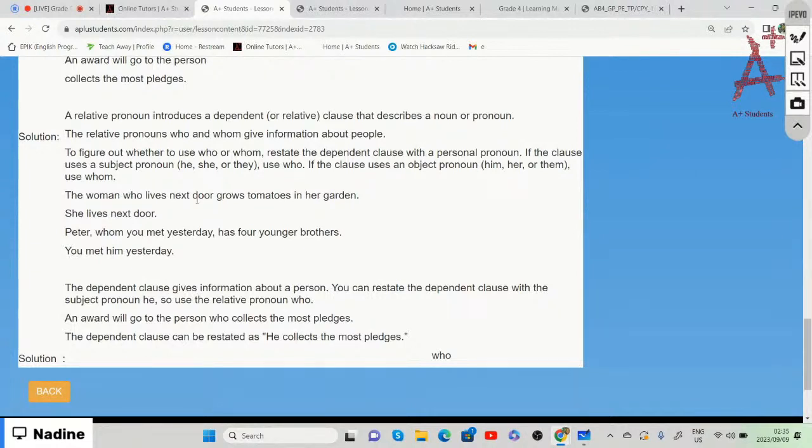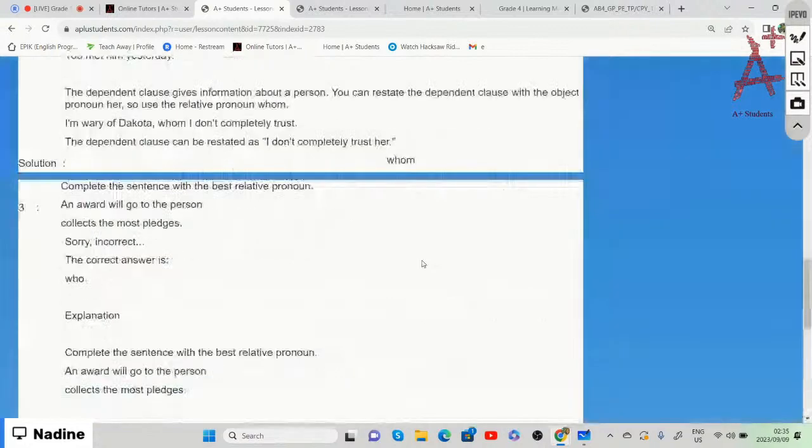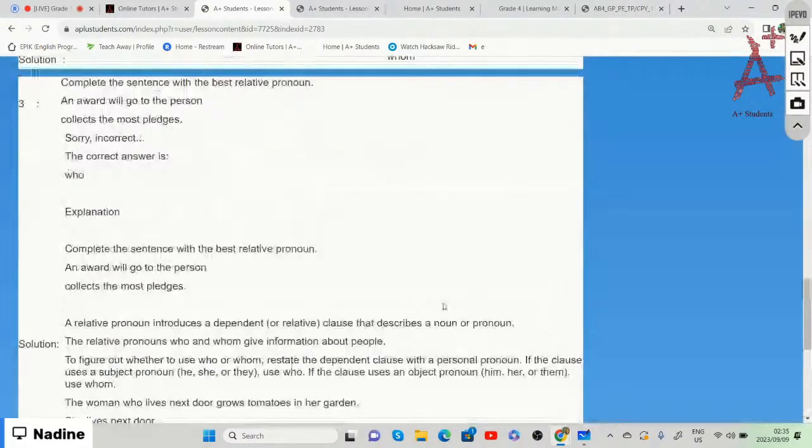All right. So when we use who and whom as a relative pronoun, right, then it basically gives us information about the person. That is when we use who or whom as the relative pronoun.